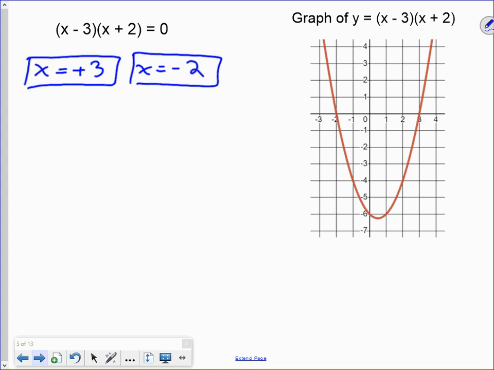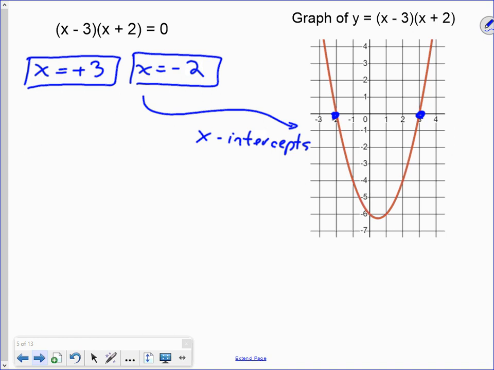And when we look at the graph of y equals x minus 3 times x plus 2, we see that, again, these two solutions here, x equals 3 and x equals negative 2, are the x-intercepts of our graph. So we said earlier in the course that a parabola can have two x-intercepts, one x-intercept, or no x-intercepts. In the same way, a quadratic equation can have two solutions, one solution, or no solutions.